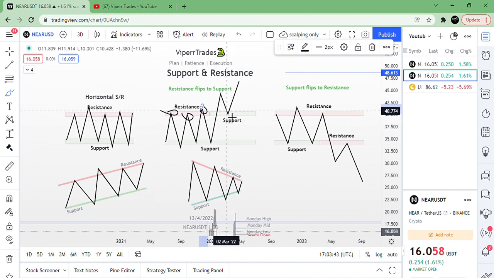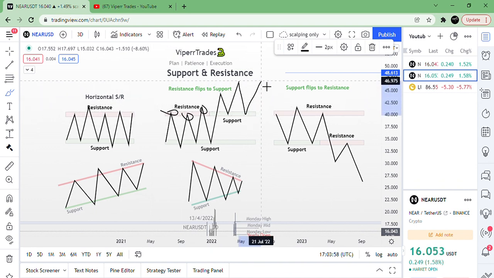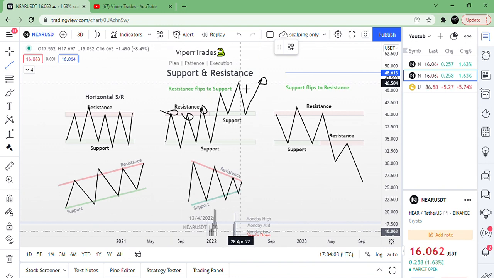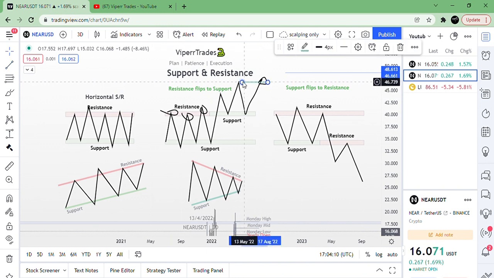So here you see broken through resistance, and now we come down and tested the old resistance, which is the new support. So in this case here, what you would expect is something like this. Price will come back down, you'd expect the old resistance to hold and become new support. So this is where you wouldn't buy, and you would want to try and find new resistance. So this could possibly be your new resistance here.